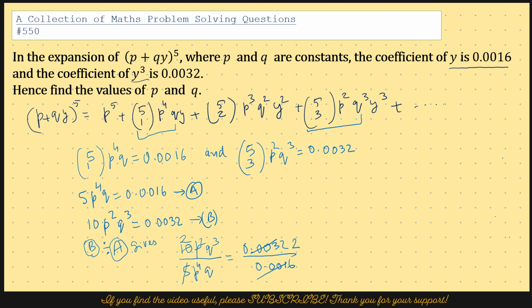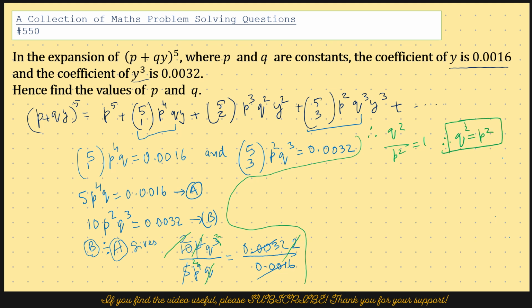And the 2 and the 2 cancel out, and p becomes p squared and q becomes q squared. So what we are left with is q squared divided by p squared is 1, and therefore q squared equals p squared.